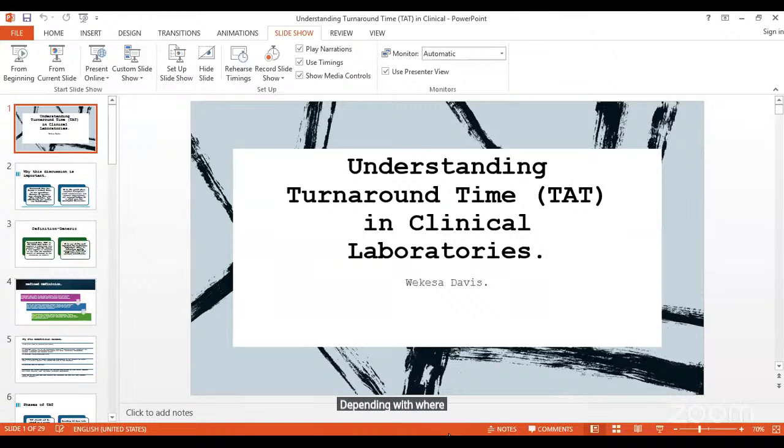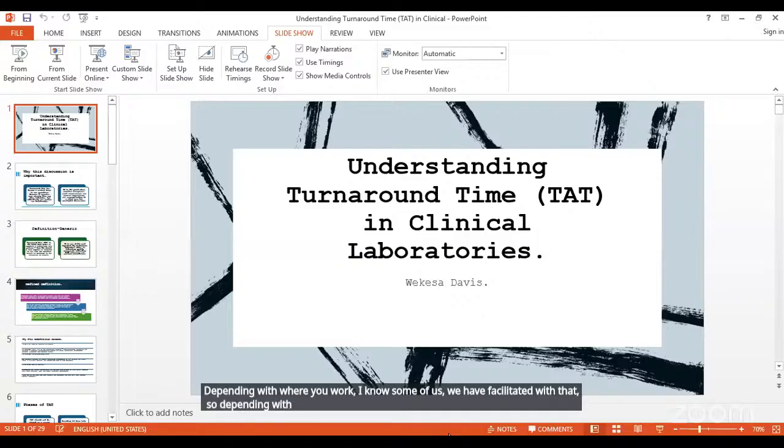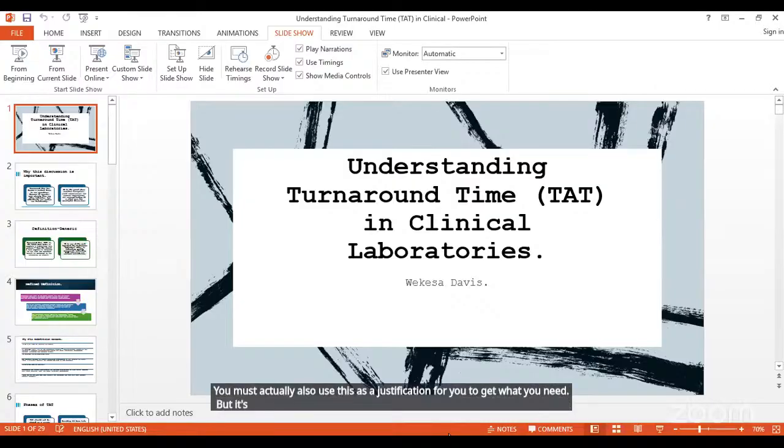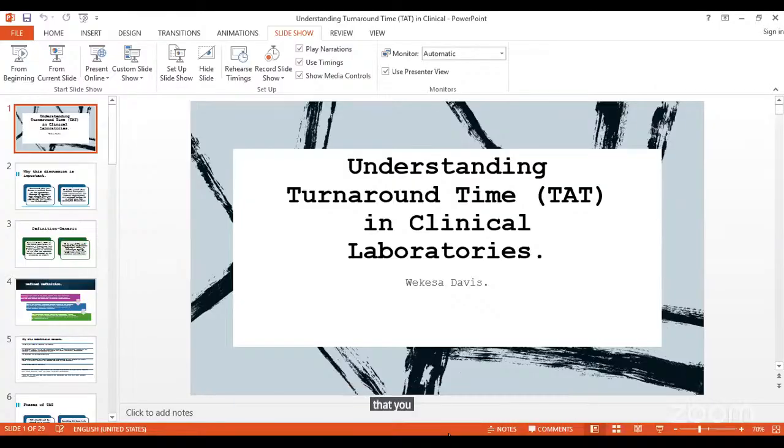So depending on where you work, I know some of us are facilitated with that. You must use this as a justification to get what you need. It's essential that you get that phone call allowance to make that call.